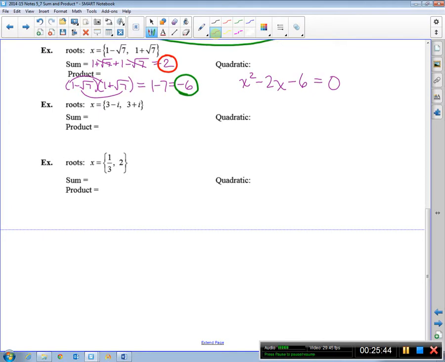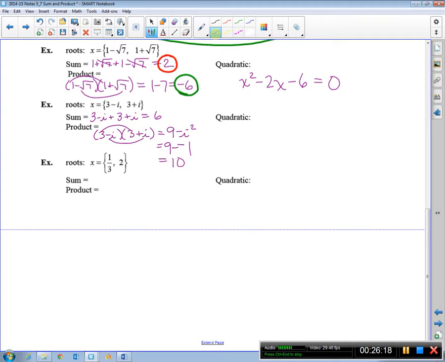Sum of these two is 6. Product is 3 times 3 is 9. Dropout. Minus i squared is 9 minus negative 1, also known as 10.